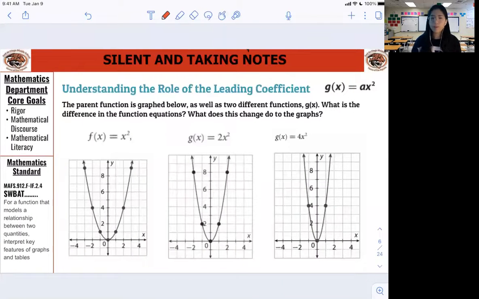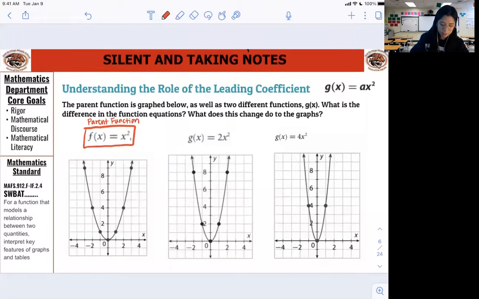Okay, so I have 3 graphs on the board. On the first graph is my parent function. There it is. This is the parent function. And remember, we wrote down some important information about the parent function. Okay. The vertex is at the origin.